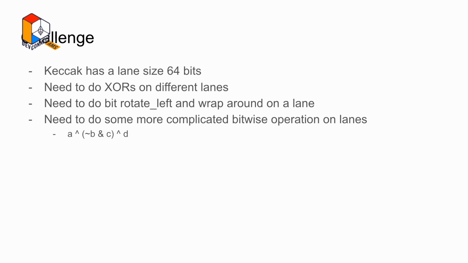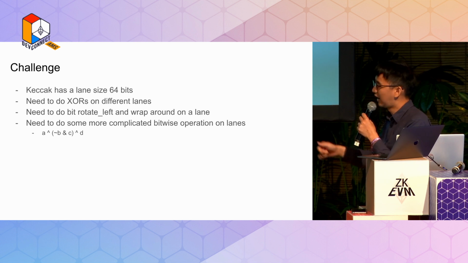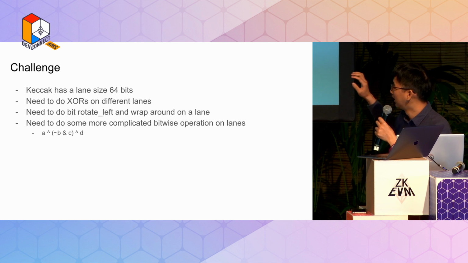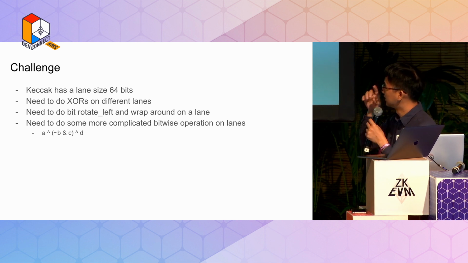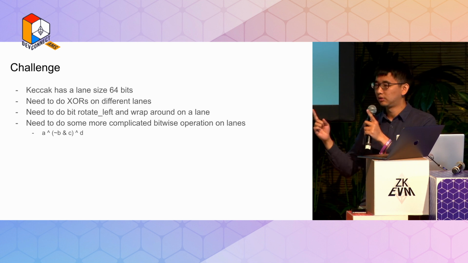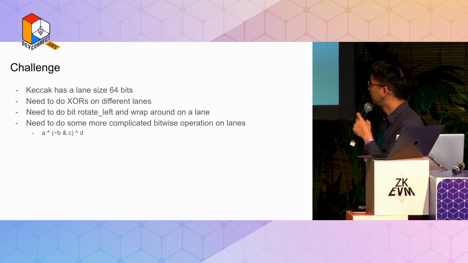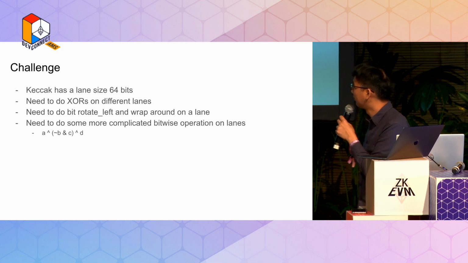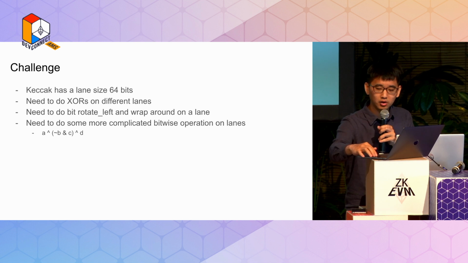And then there are different operations, theta, rho, pi, and chi, and they need to do XOR operations on different lanes. They need to do bit rotations on a single lane. And sometimes we need to do slightly more complicated bitwise operations on, like, 4 lanes, or with some other constants.